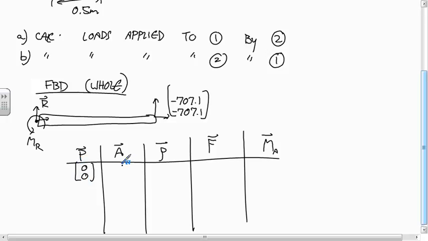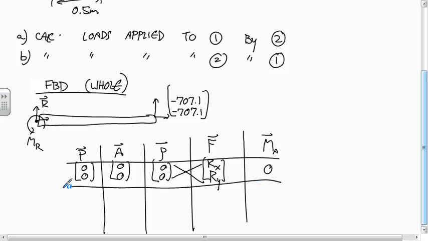The about point, I'm always going to put at the left end of the beam, so that's also 0, 0. So the row vector is zeros, the force vector is those two unknown components of R, and the cross product is 0. Now we have to deal with the couple MR. We don't need any of this for a couple, and the moment is MR.